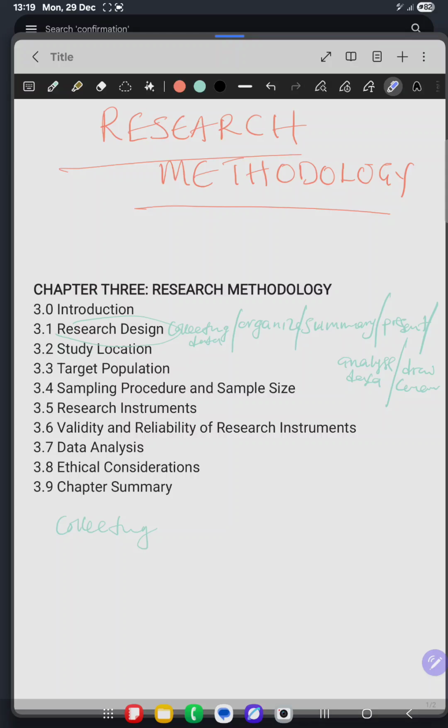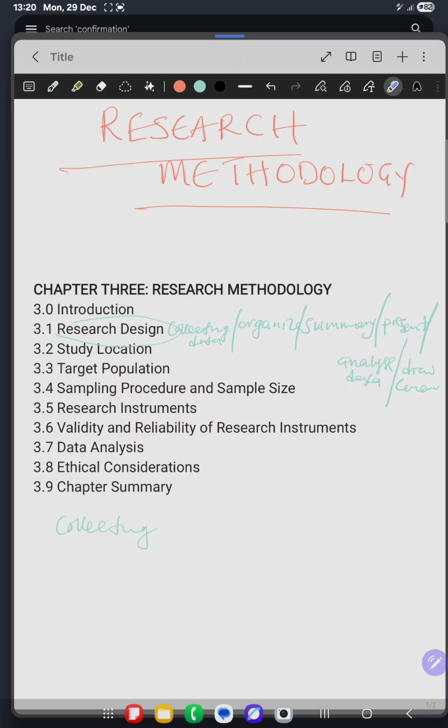All right, or maybe let me even bring a bit simpler topic so that we can easily understand. So let's say my research topic is looking at an investigation on why learners fail mathematics at grade 12 level, why most of the learners fail mathematics at grade 12 level.